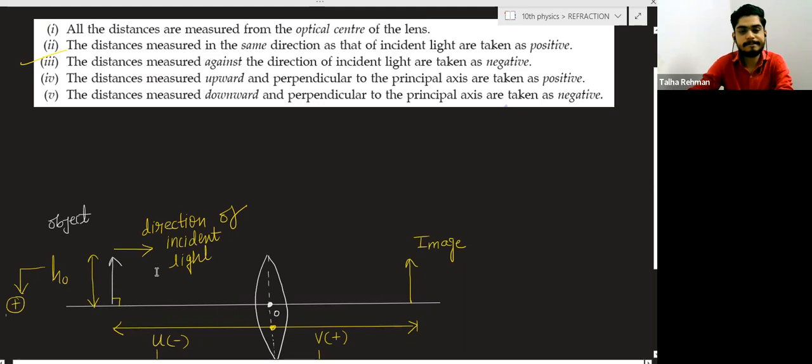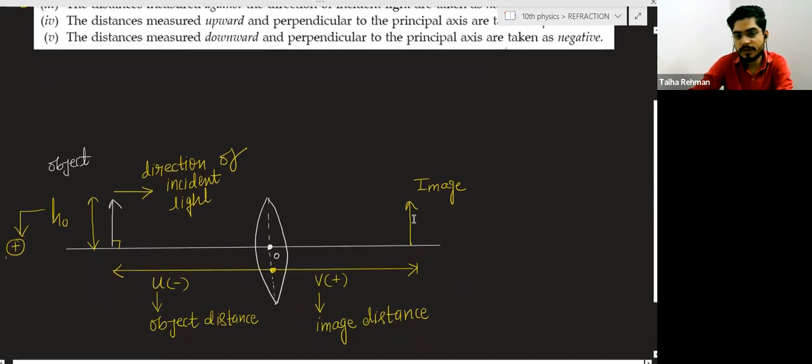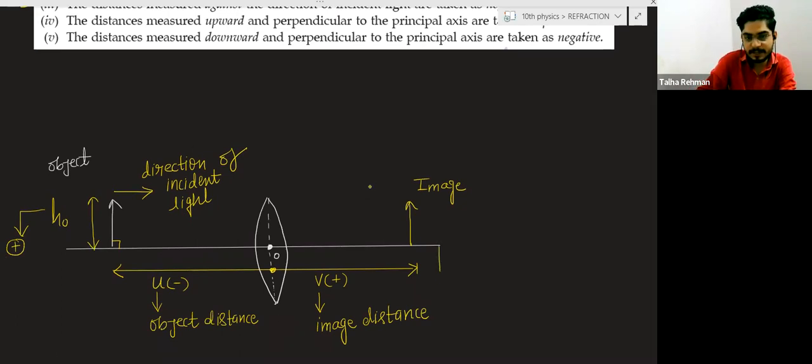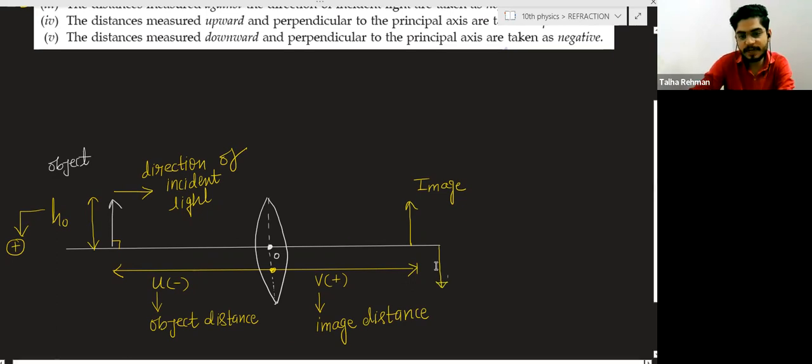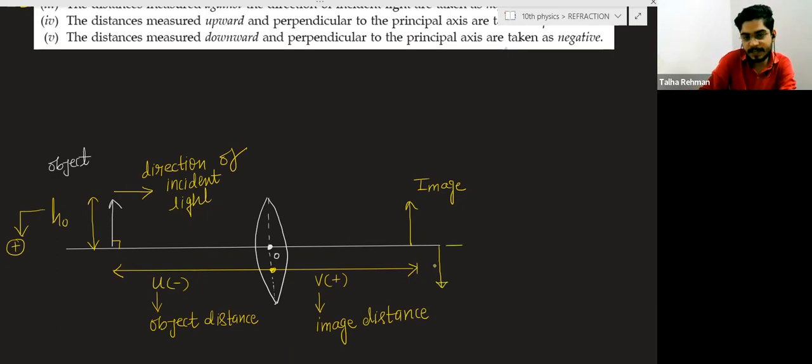And here also, for the case of image, the height of the image you will take positive. Suppose your image is like this; then in this case, height of image you will take negative.